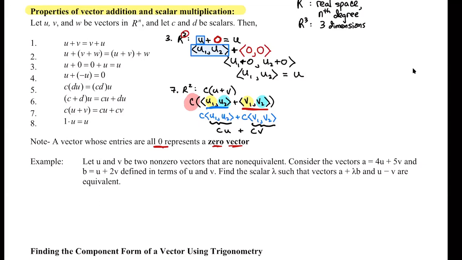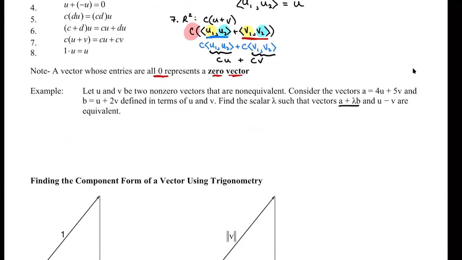A good place to start would be through direct substitution, because we have this expression here that says A plus lambda B. That A plus lambda B has an A and it has a B. Stating the obvious here, but we have an expression that relates A in terms of U and V, and also relates B in terms of U and V. So I can jump right into a substitution and say that 4U plus 5V plus lambda multiplied by B, which is U plus 2V.